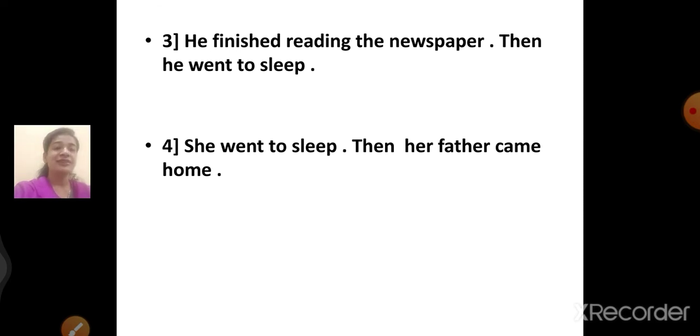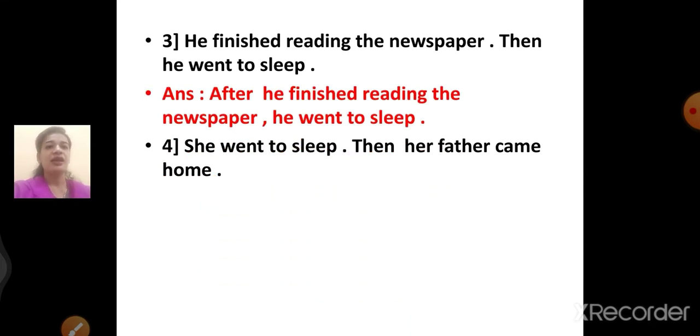And then after cancelling then, you're going to start the other sentence after the comma. He went to sleep. So your sentence is, after he finished reading the newspaper, comma, he went to sleep.